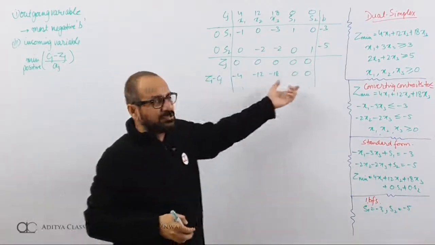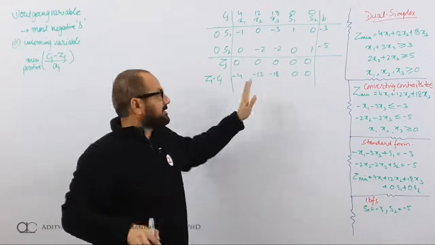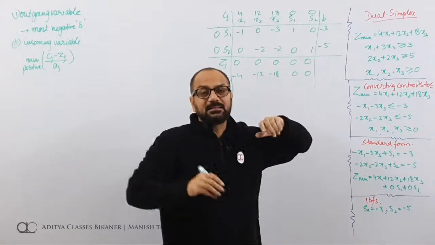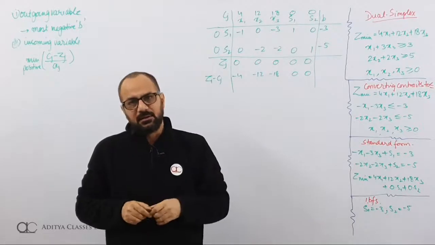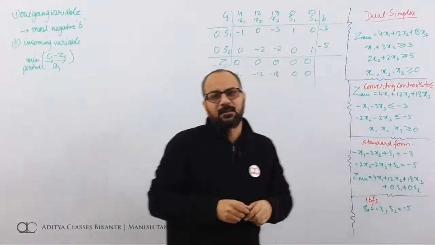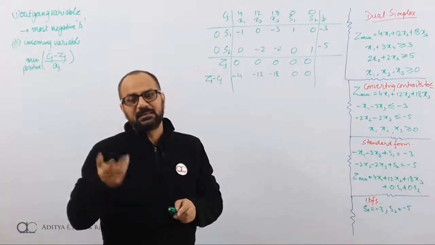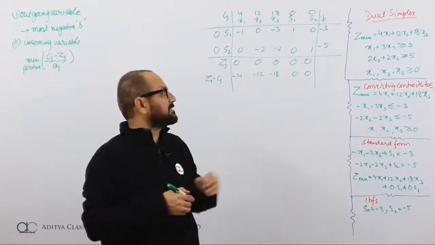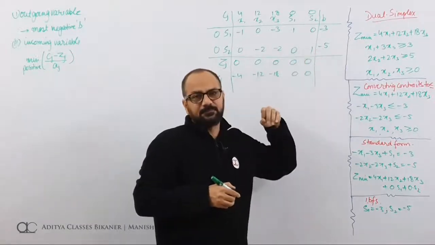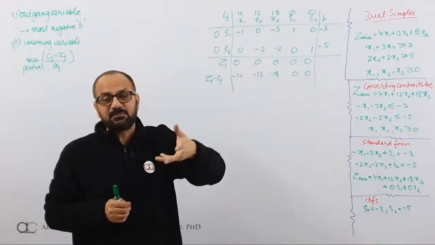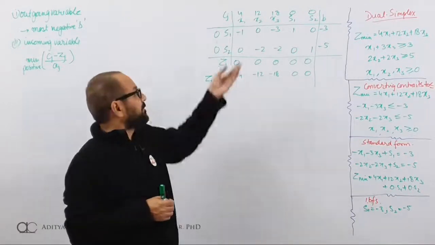Now these negative or 0 values indicate that this is the optimum solution. But the negative values in the basic variables indicate that this is not a feasible solution. Why? Because I need all values to be greater than or equal to 0. Some of my variables are coming as negative. Although these are not x1, x2, x3 and not decision variables, they are basic variables. These form part of my basis.